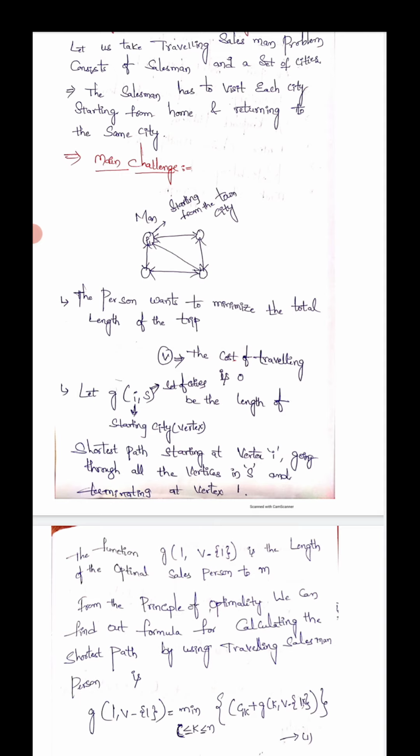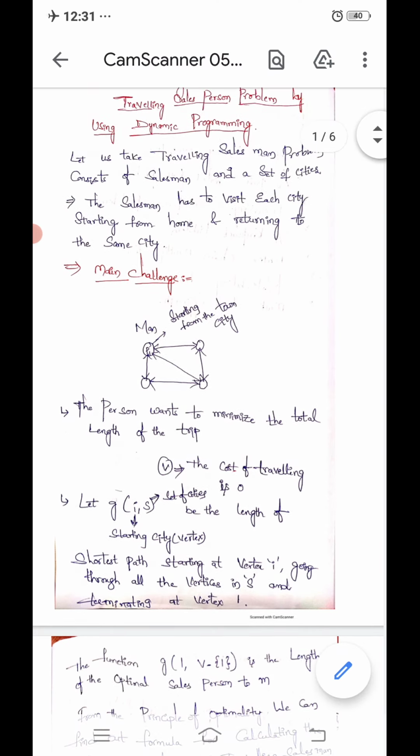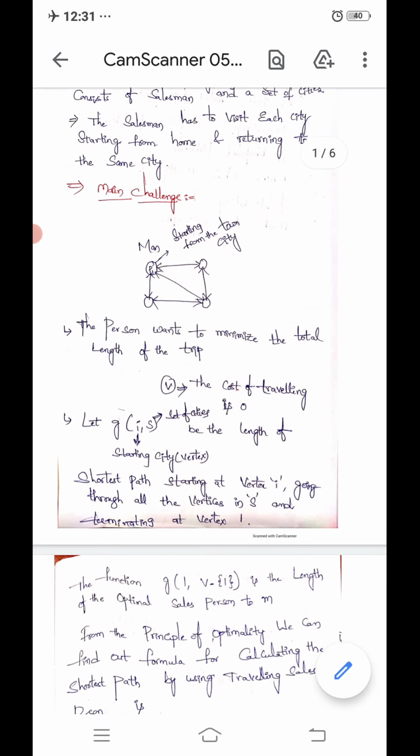Here g of i comma s, where i is the starting vertex or city and s is the set of cities, is the length of the shortest path starting at vertex 1 or i, visiting all the vertices in the set of cities and terminating finally at vertex 1 or i. This is the main challenge of the traveling salesperson problem using dynamic programming.